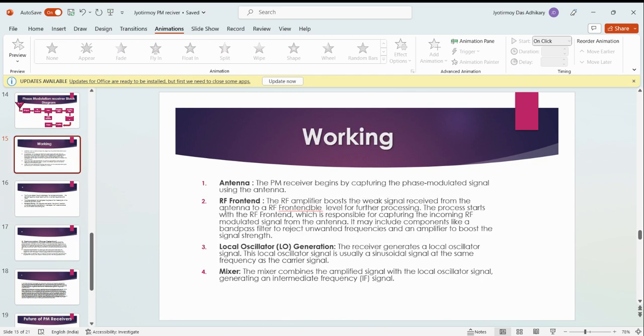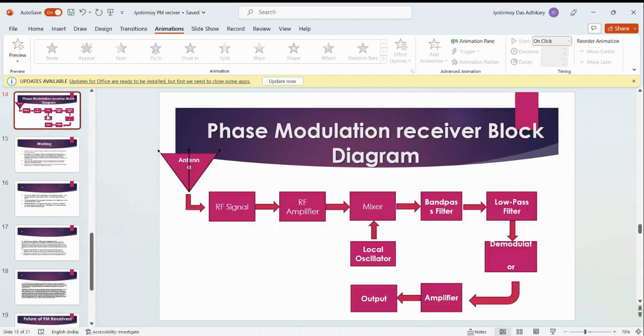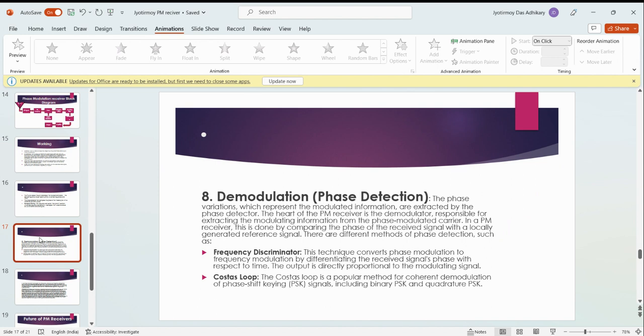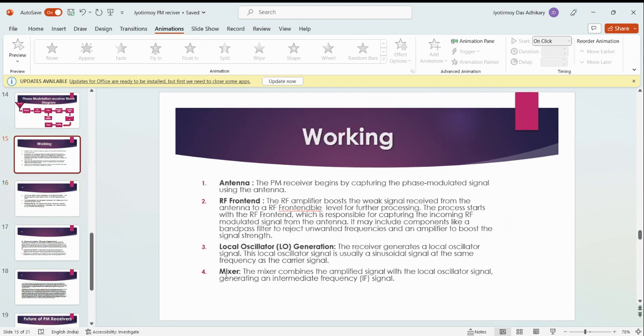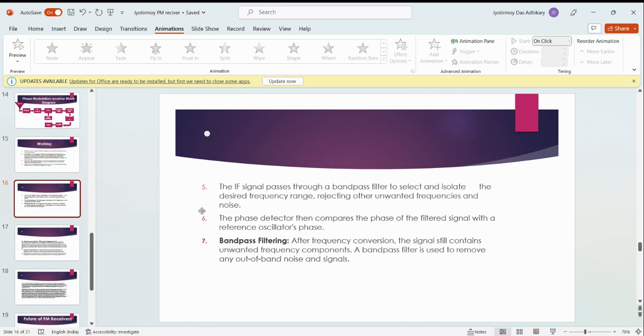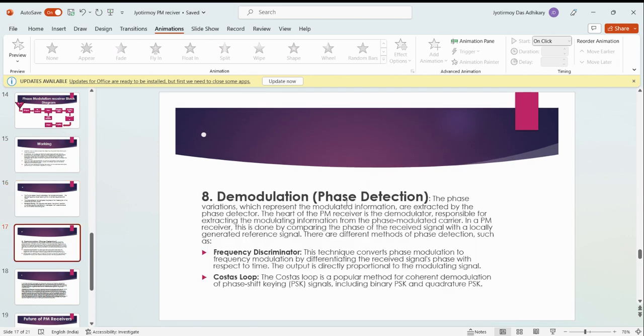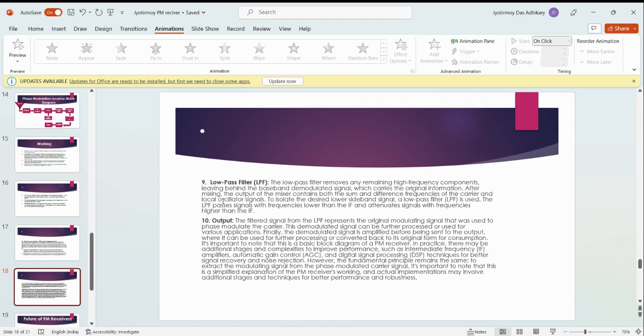First antenna, RF front end, local oscillator LO, mixer, then band pass filter, demodulation, phase detection, then low pass filter and output.